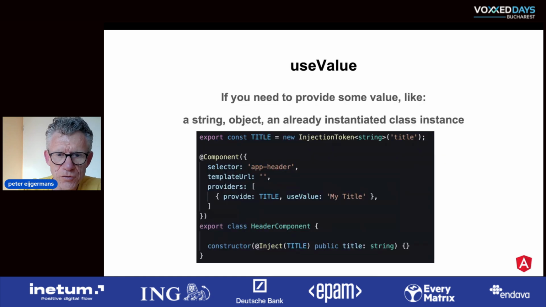And we have a use value. If you need to provide a value like a string, you will provide it with use value, a string, or an object, or an already instantiated class instance.